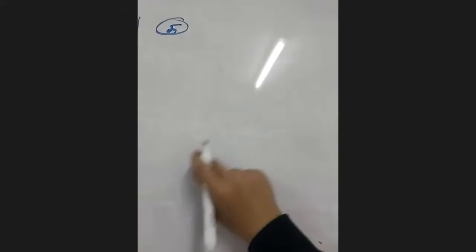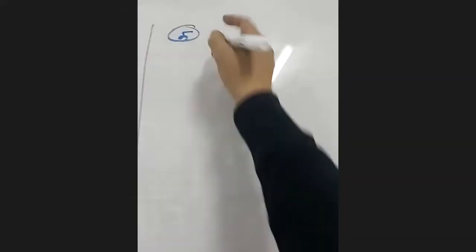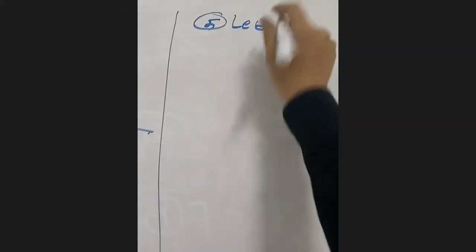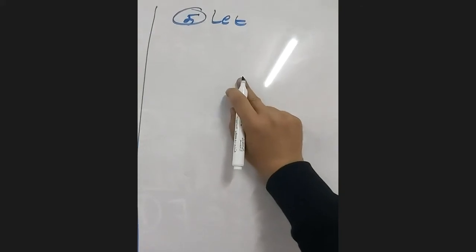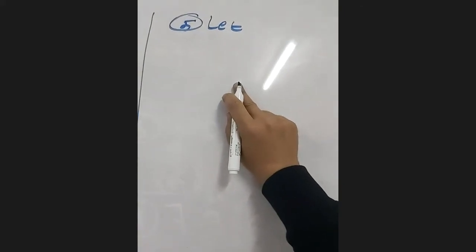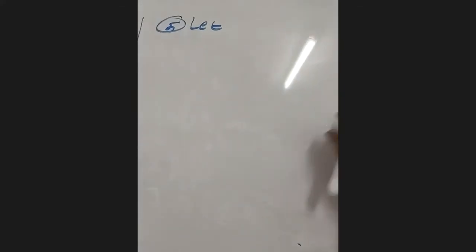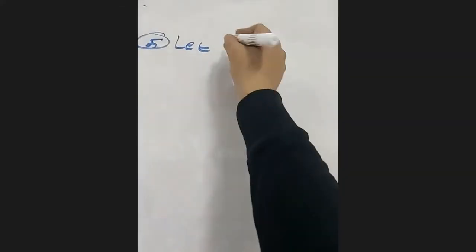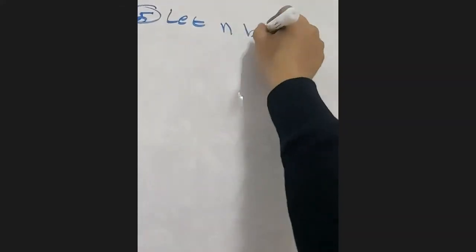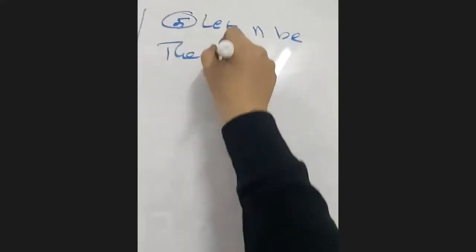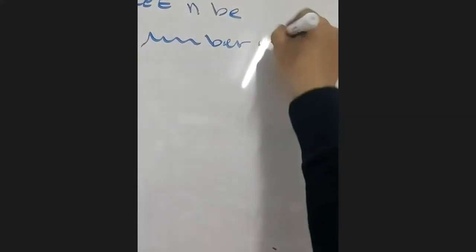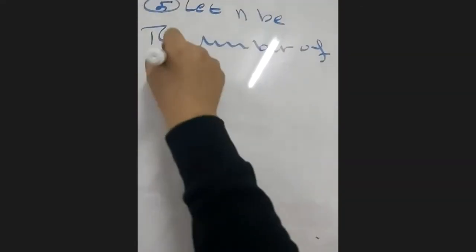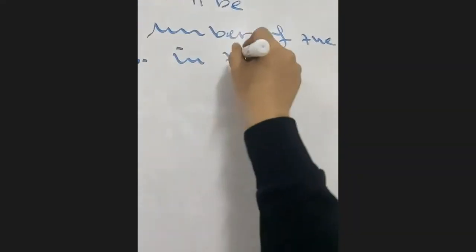What's the unknown value here? The first test. No. The number of the questions. Let n be the number of the questions in the first test.